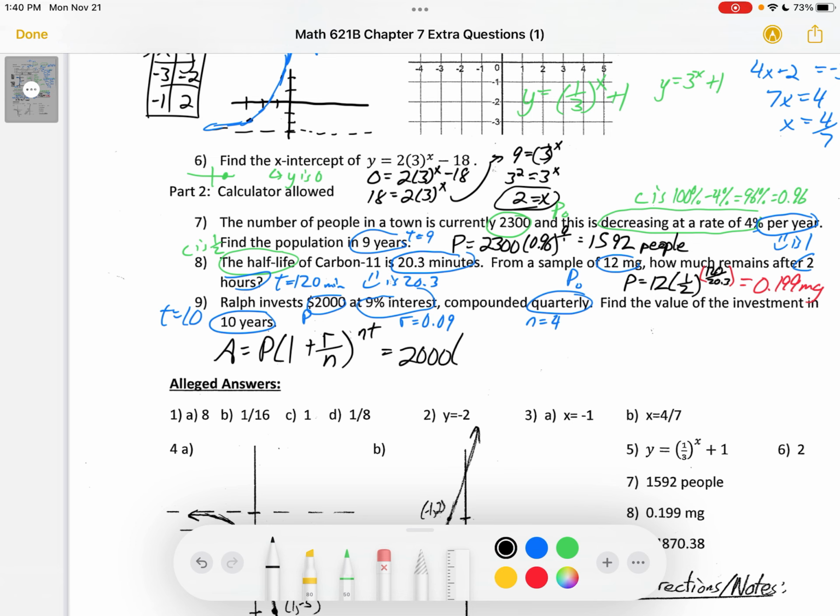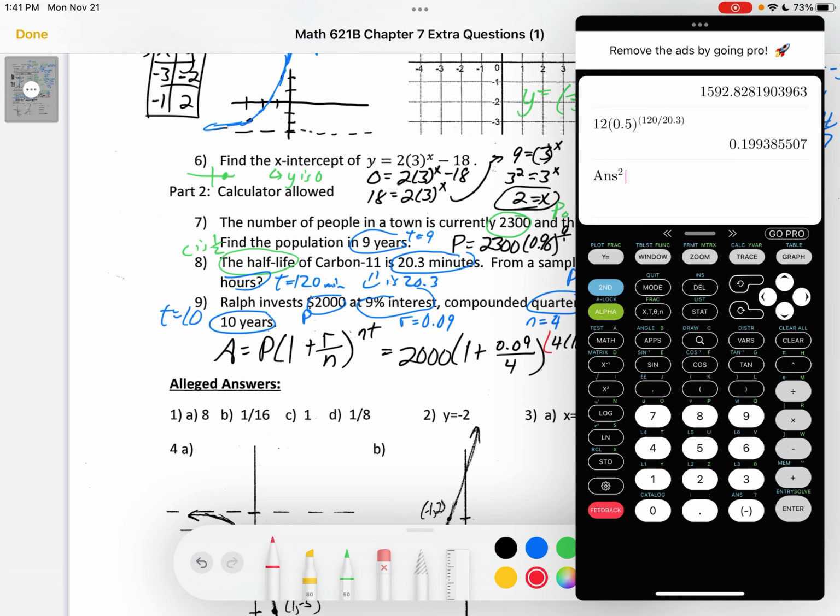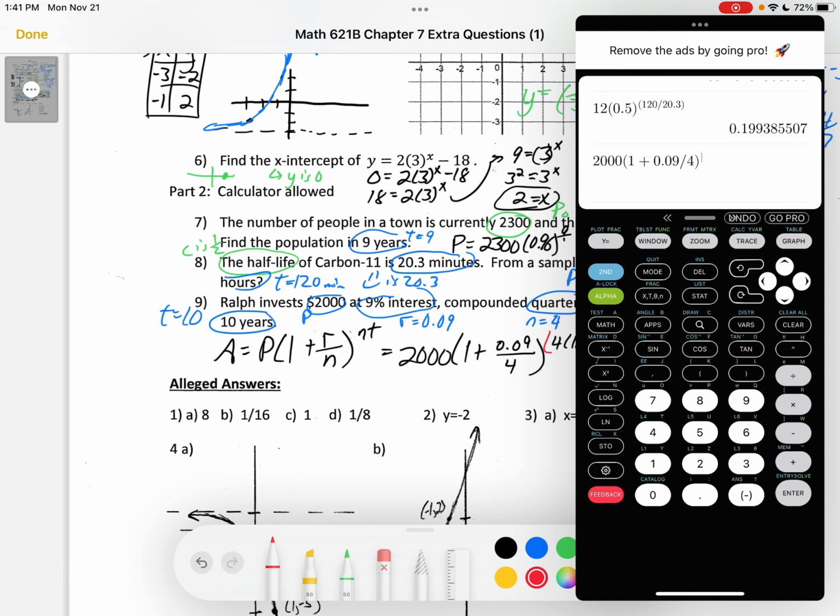2,000, 1 plus 0.09 over 4 to the power of 4 times 10. Okay. And again, you probably want some extra brackets here. Let's just go to the calculator. 1 plus 0.09 divided by 4, okay, to the power of, and I'm just going to figure out what 4 times 10 is myself, right?